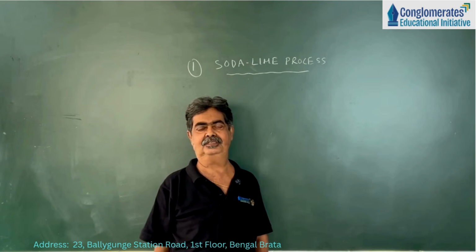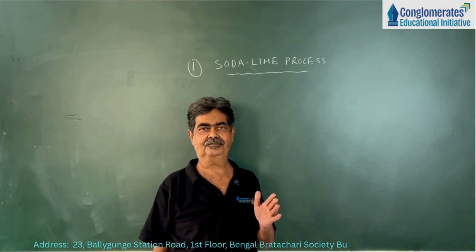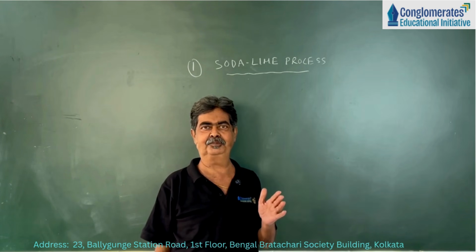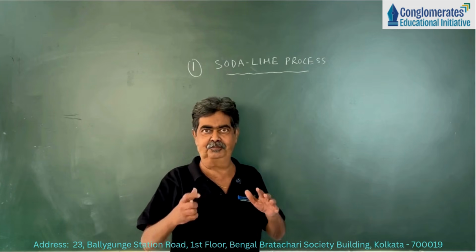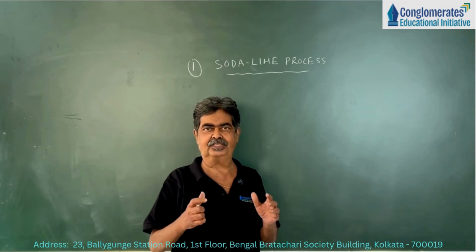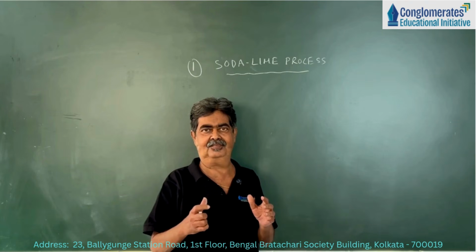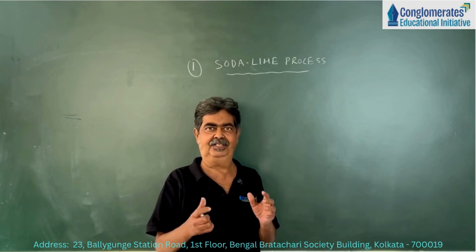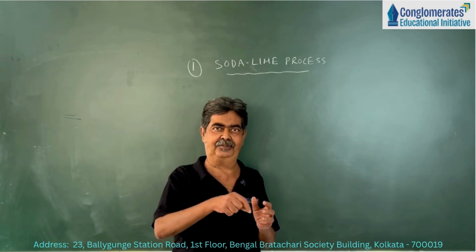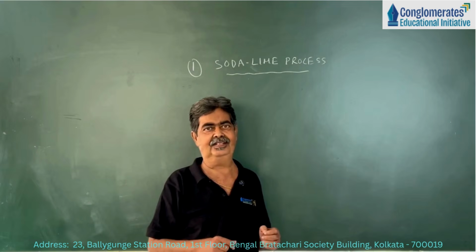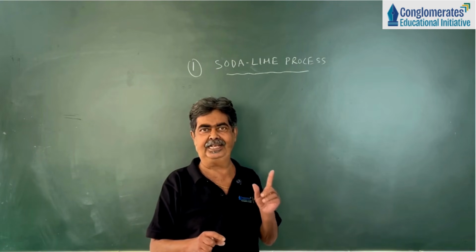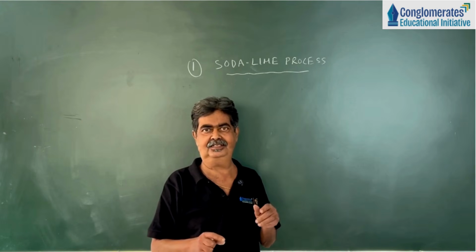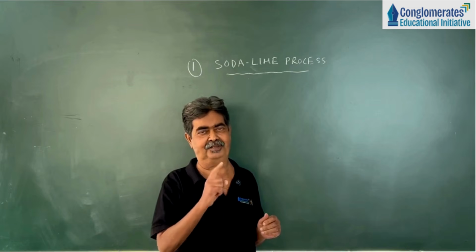I have already taught that temporary hardness can be removed by applying lime, and permanent hardness can be removed by applying soda. Now when both chemicals, soda and lime, are mixed and then applied to the hard water, then total hardness can be removed, because lime will remove temporary hardness and soda will remove permanent hardness.